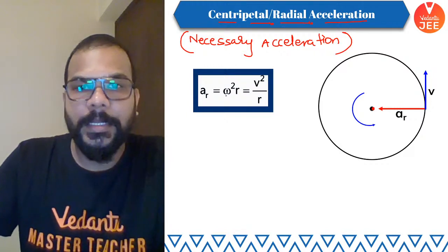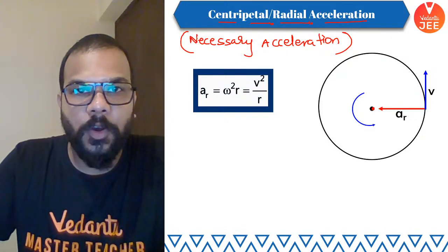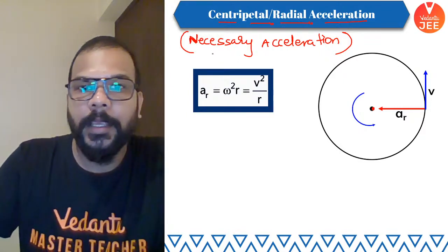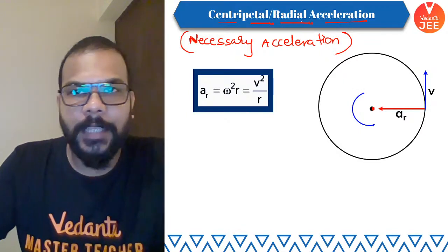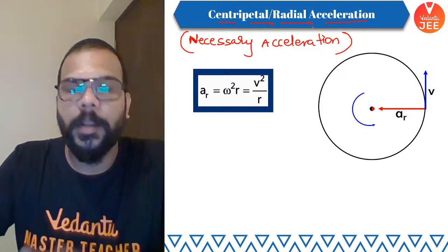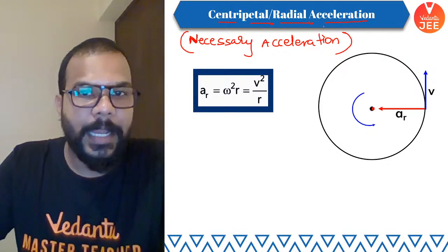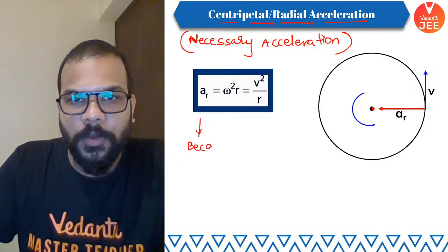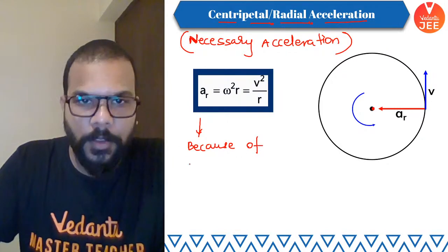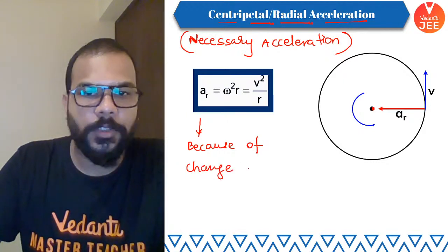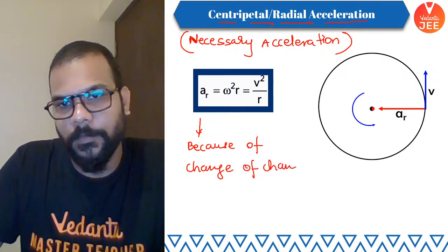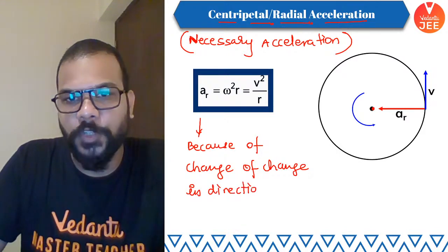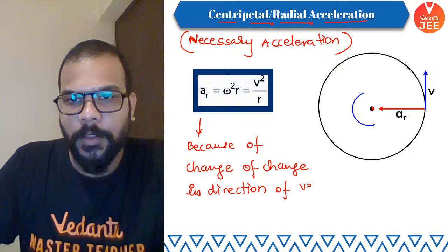It is necessary because it will always make sure that the body is moving in a circular path. Because it acts towards the center, it's called centripetal, or along the radial direction, it's called radial acceleration. This comes into existence because of change in direction of velocity.